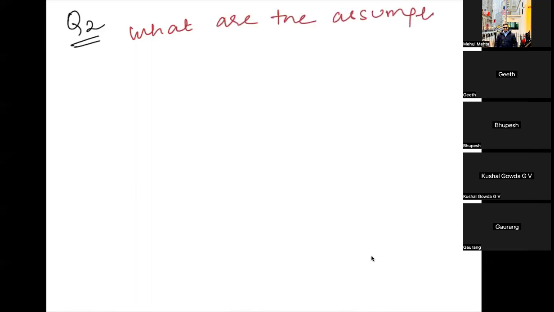The next question, and this is the most important question: what are the assumptions of linear regression?